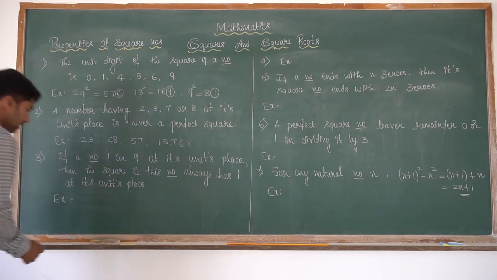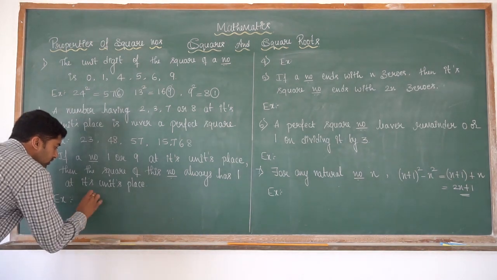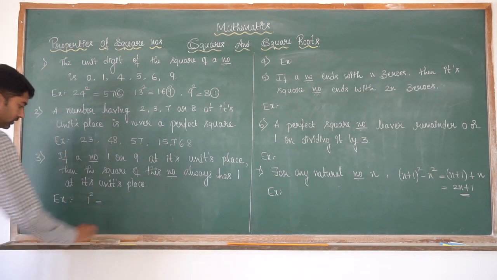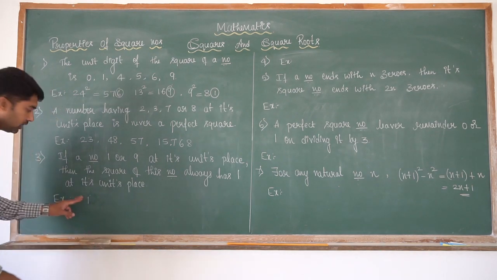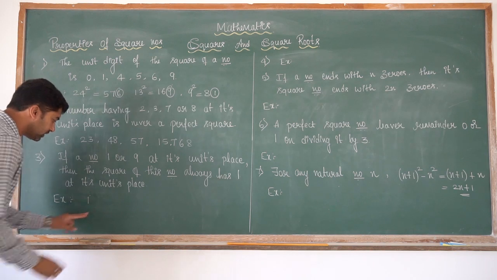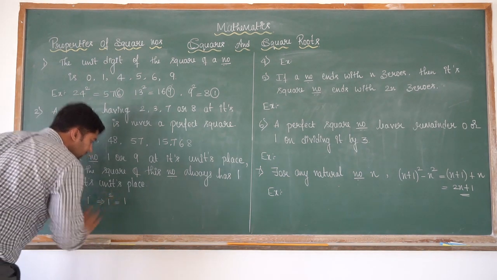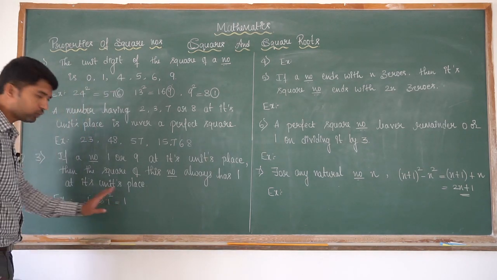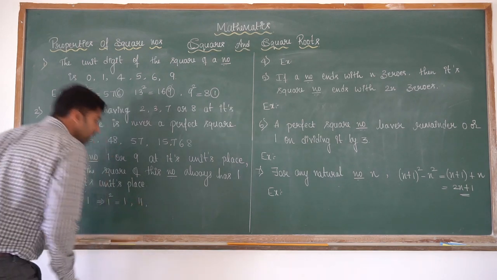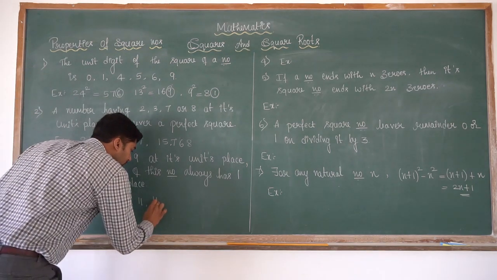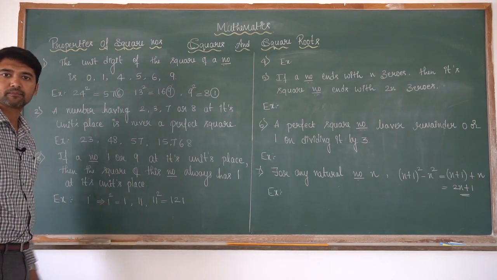Let me check. Suppose I'll take an example 1. The square of 1 is 1. So 1 is in the unit digit. Then if I take 11, the square of 11 is equal to 121.